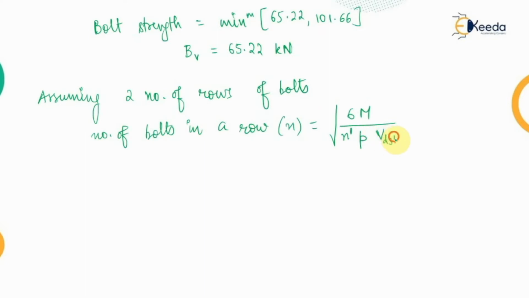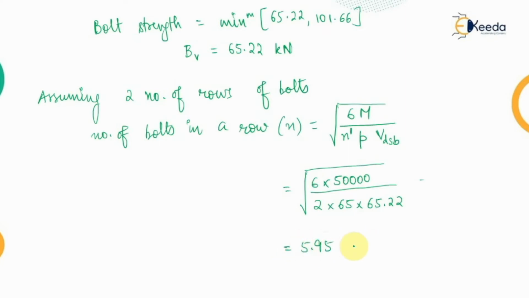Now if we substitute all the values, that is 6 into the moment 50,000 kilonewton millimeter, the number of rows 2, the pitch distance 65 millimeter, into the bolt value 65.22 kilonewton, we get the result as 5.95, and that is roughly taken as 6. So that means we will be providing 6 bolts each in 2 rows.